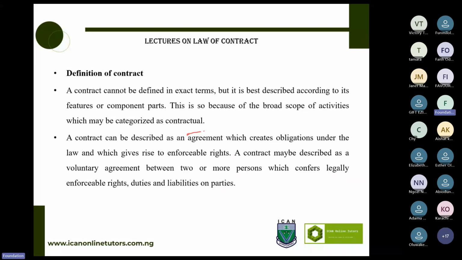In all your definitions, there is something that sounds common: agreement. So whichever way you want to see it, whichever grammar you want to speak, it is clear that the first phase of contract is agreement. And I'm sure before you sign up for ICAN online, there are electronic terms and conditions that you have ticked, right?